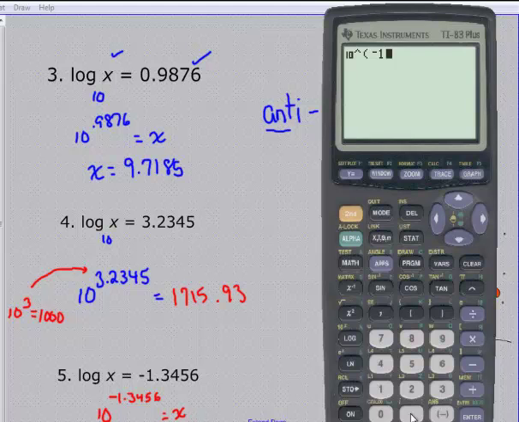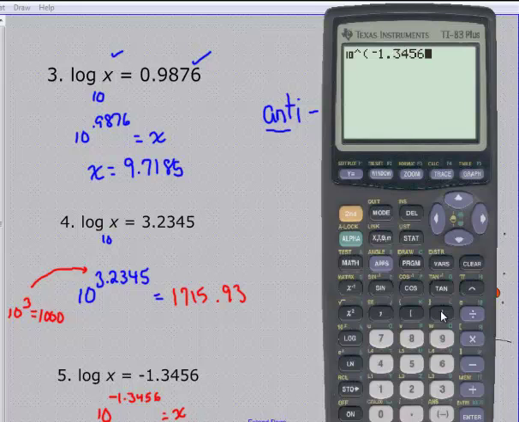Likewise right here. I'm anti-logging again. I'm taking 10, raising it to something, and I will get an answer. So inverse log negative 1.3456.